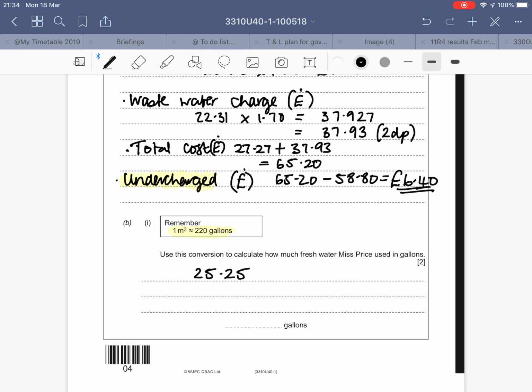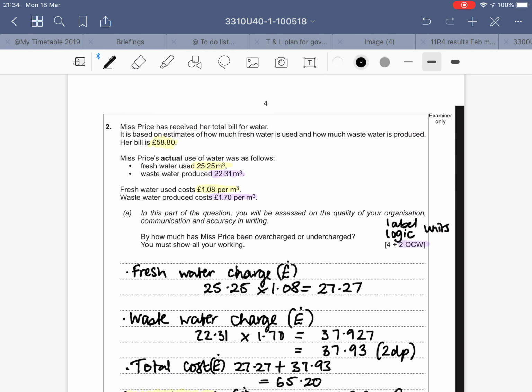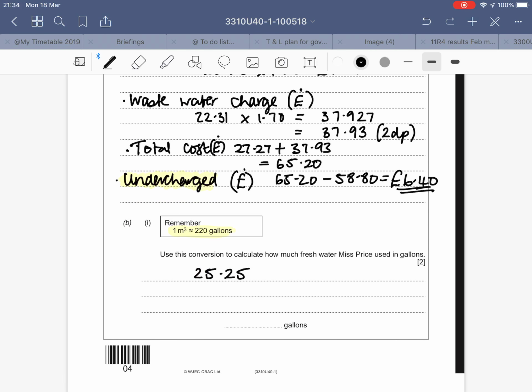I can see that from above. And that was 22.25 metres cubed of water. So if I multiply that by the 220 they've told me that I need, that's going to give me on my calculator 5,555. Okay.